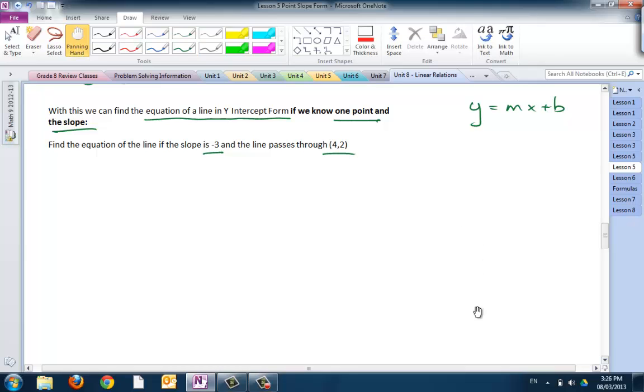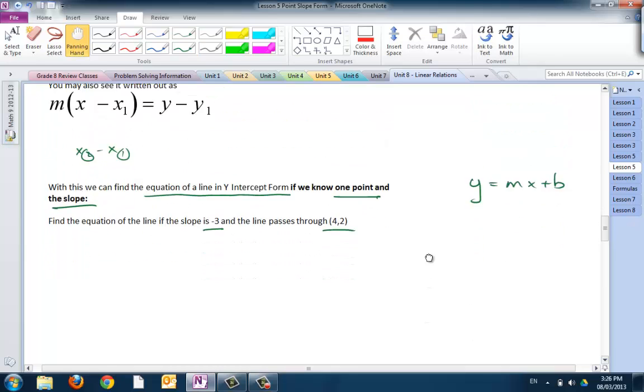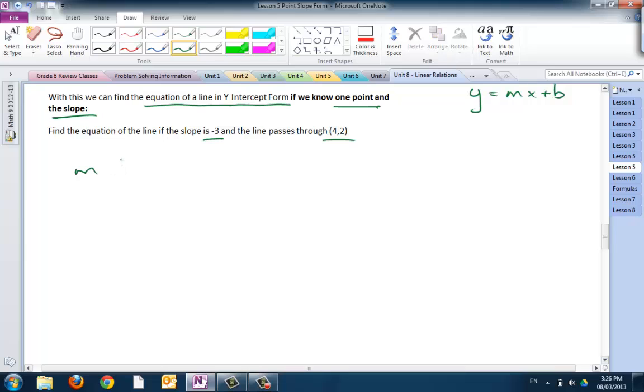And so we grab that form, m onto x2 minus x1 is equal to y2 minus y1. And I'm going to say that that's going to be -3 because that's the slope right there. So that's the m. Onto x2 minus, and then I pull the x value out of there.